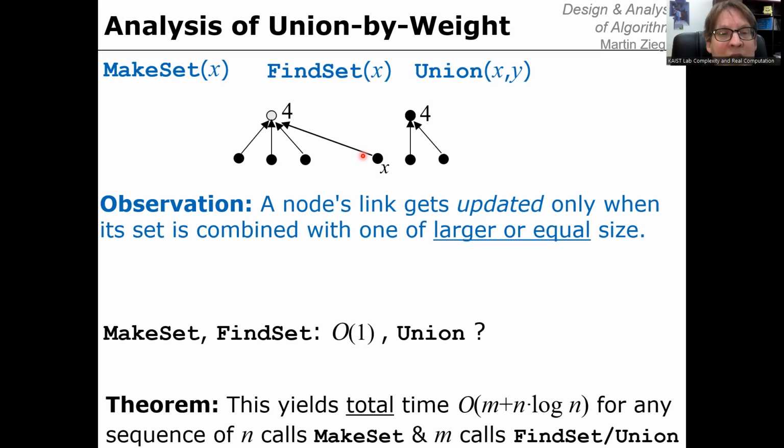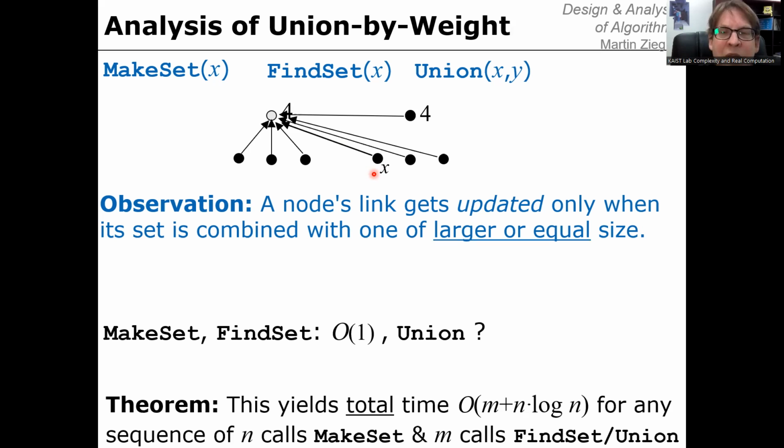And for such large sets to exist, that means that the user must previously have made calls to make set frequently, so that we already have a sufficient number of elements to form these large sets. And to say that again, for the link here from X to be updated, let's say K times: the first time there must be another set of twice the size.